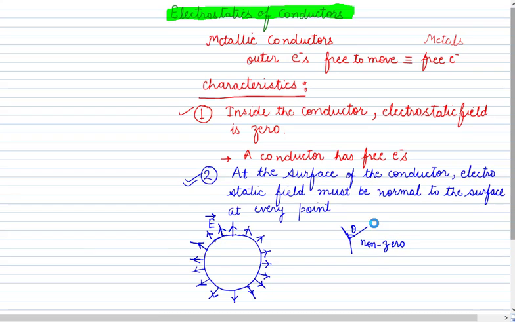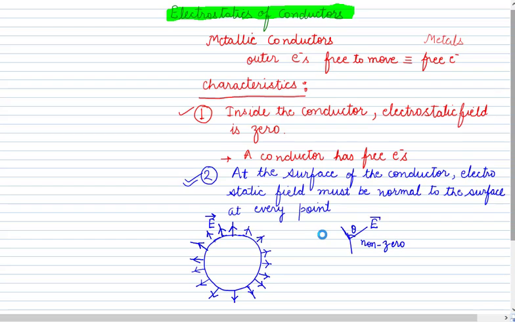So this electric field should have some component along the surface of the conductor, and the free charge carriers which are present on the surface of the conductor will experience some force. Because there is an electric field acting along the surface, they will experience some force, and these free charge carriers will move.